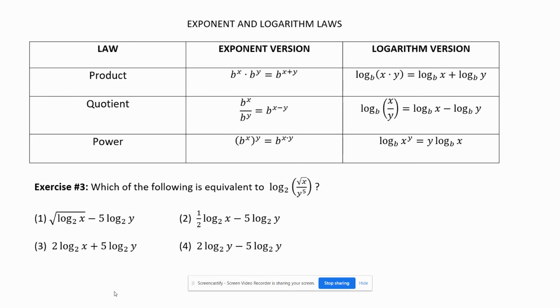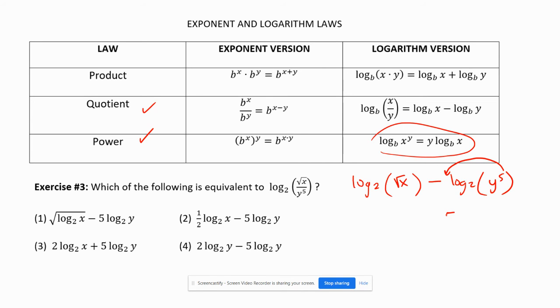Next one. Which of the following is equivalent to log base 2 of square root of x over y to the fifth? This time we're going to have to use 2 properties in one. First, rewrite it as log base 2 of something minus log base 2 of something else, because quotient means subtraction. Put the top number, numerator, and then the bottom number. And now, this power can move in the front, like I said before, because of this property right here.